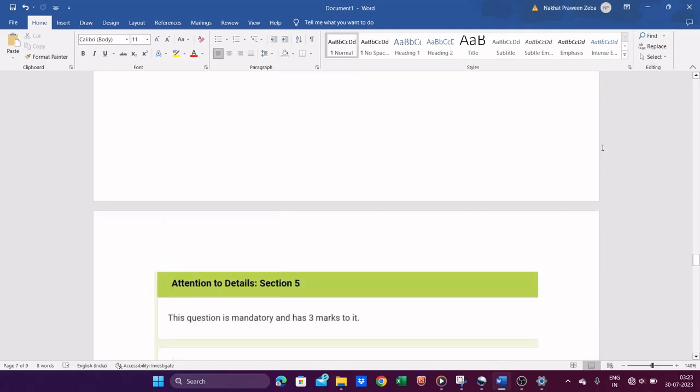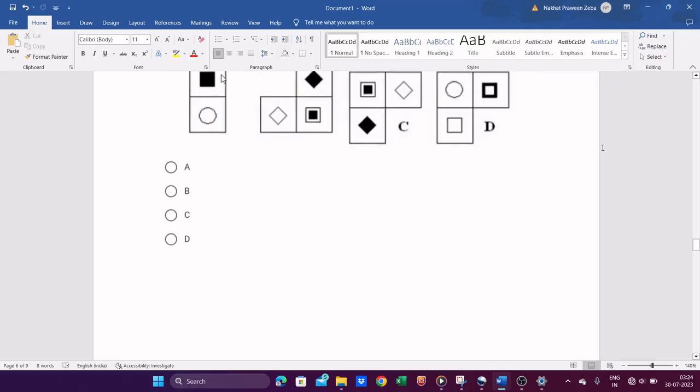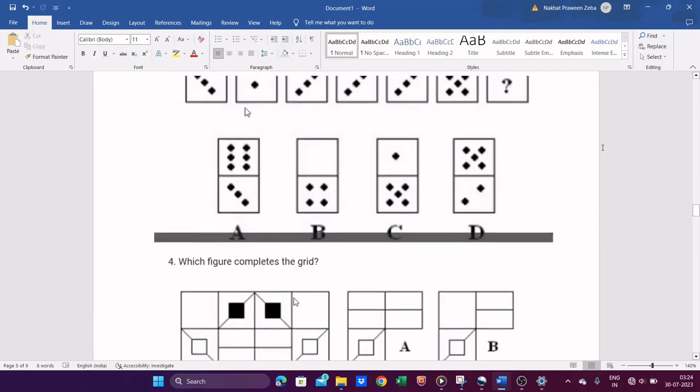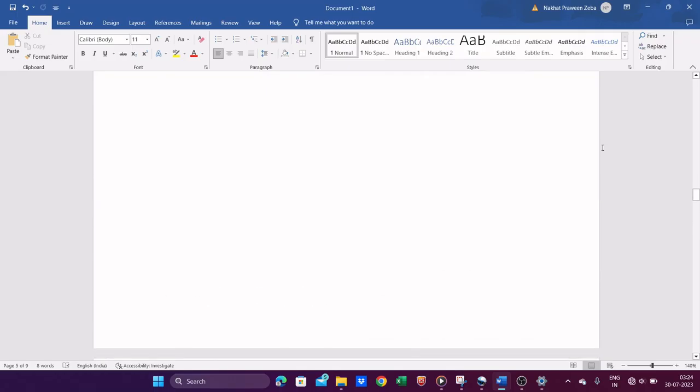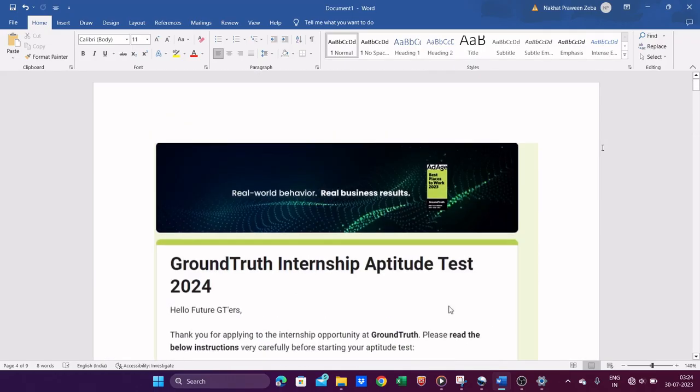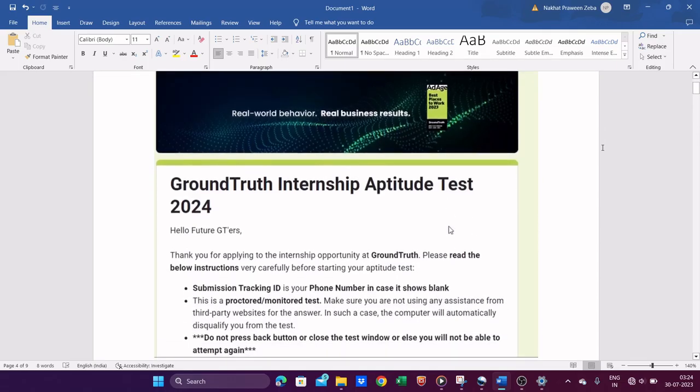So I have shared all the questions of the mandatory sections, and I have also included section 2, which is not mandatory, but obviously you need to attempt it. As I have said, there are a total of 8 sections, and I have shared the questions of sections 1, 2, 3, 4.